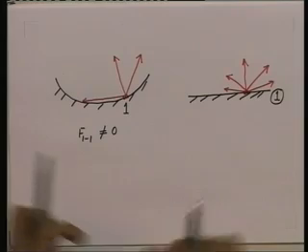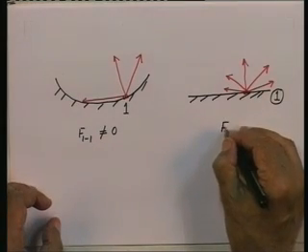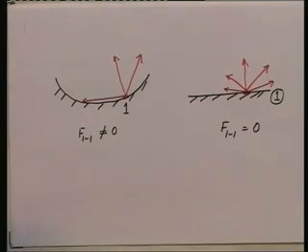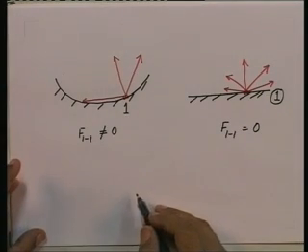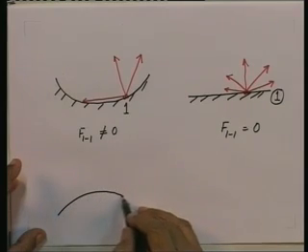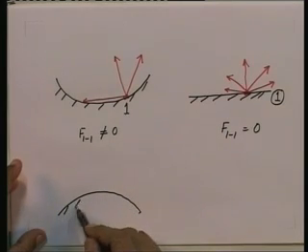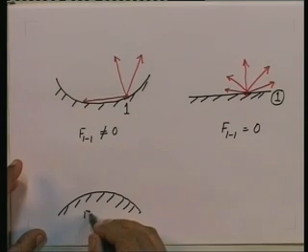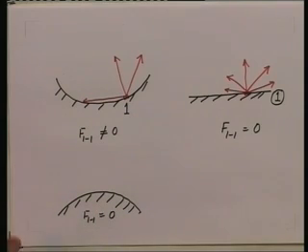So, this is a case where F1 to 1 will be equal to 0, or let us take the case when surface 1 is let us say convex like this, okay. Then also F1 to 1 quite obviously is equal to 0.